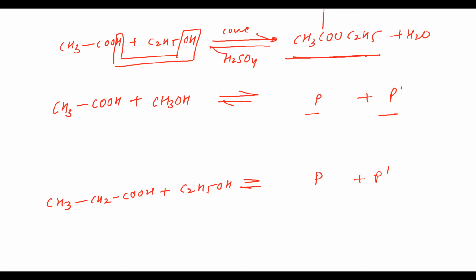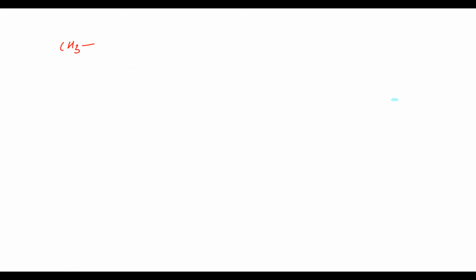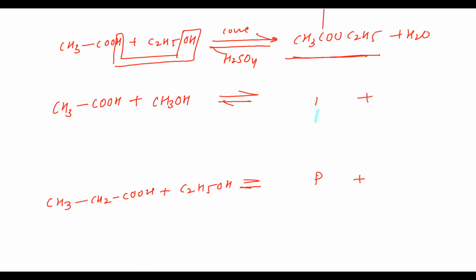So we would get H2O for sure, which means this H2O is cancelled. So we get CH3COOCH3. So you are saying CH3 C double O, then CH3, and here OH is going out as H2O.